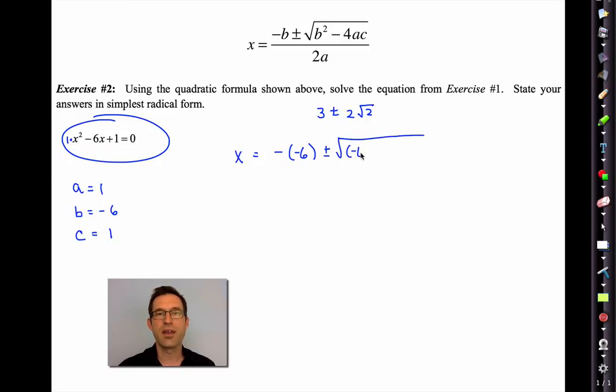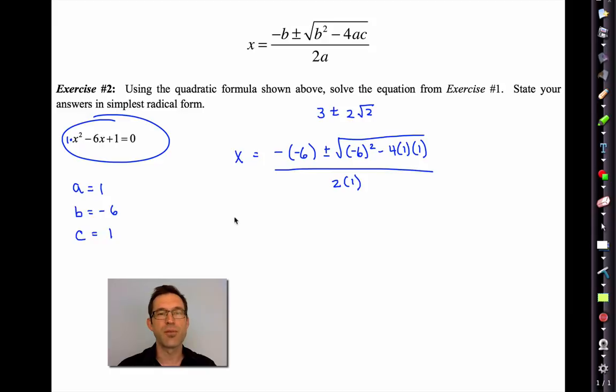I'm going to put that negative 6 in parentheses. Negative 6 squared minus 4 times a times c, all divided by 2 times a. So this is always your first step. Just faithfully and carefully inserting all of those coefficients into where they go in the formula.